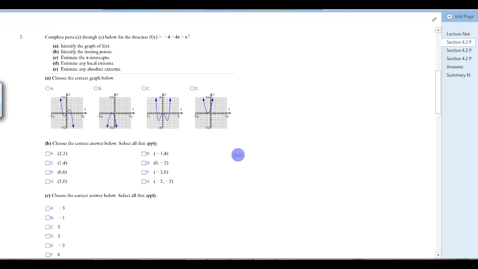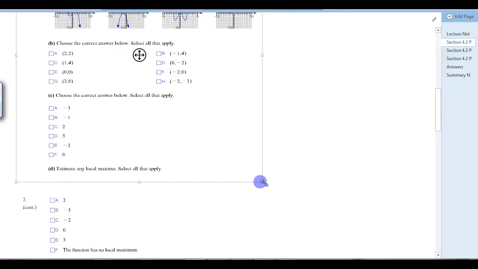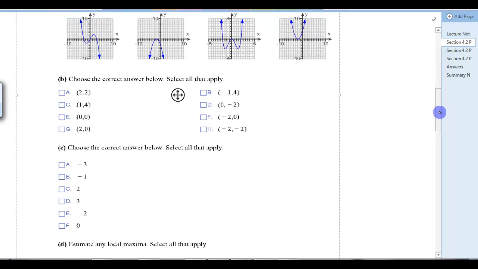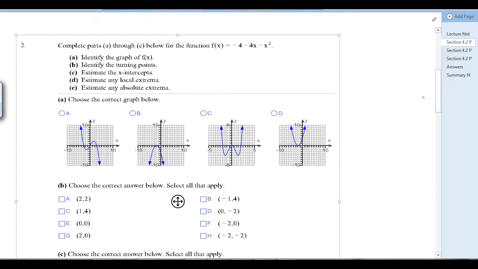I'll make this a little bigger. All right, so we have this function, -4 minus 4x minus x squared, and we're supposed to do all of these things. First thing is to identify the graph, and you could put it in your calculator and check it that way, but let's think about something.